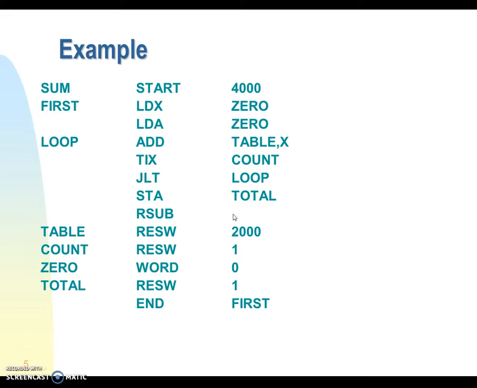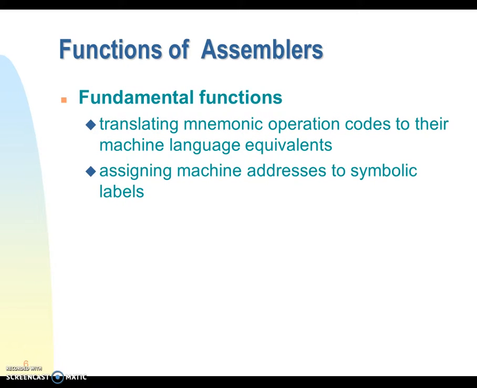So now we'll start with the functions of an assembler. The fundamental function of an assembler, as I mentioned in the beginning, is that it accepts the source program, which is written in assembly level language, and generates the object code. The objective is translating the mnemonic operations to their machine language equivalents, and assigning machine addresses to the symbolic labels.